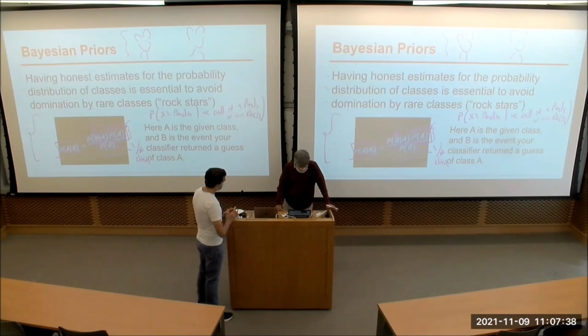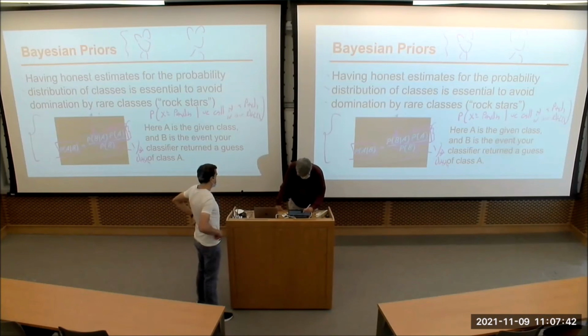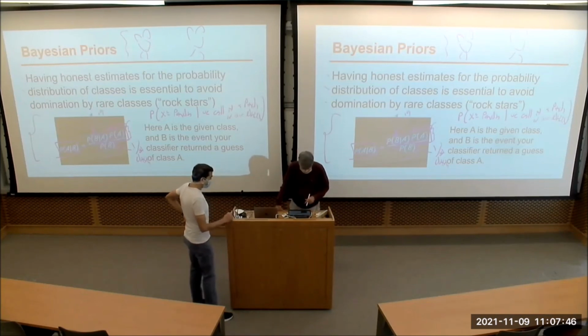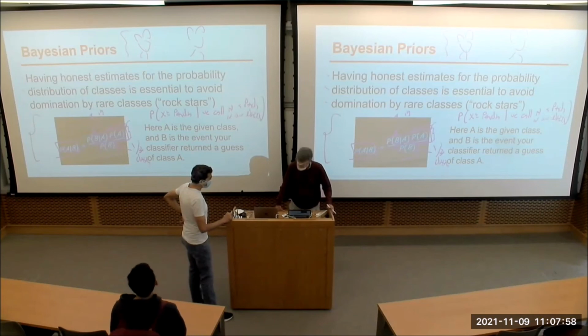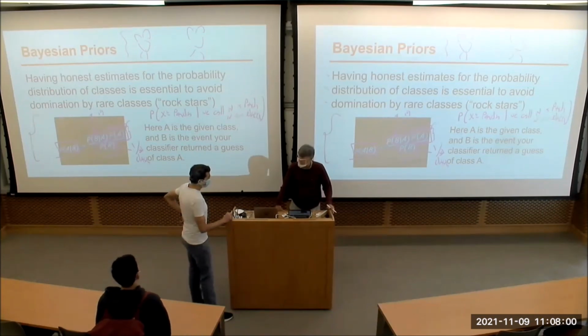I'm going to guess maybe 0.8 or 0.9. How good are we when we call it a panda, that it really is a panda? So this is how we would update it. We can certainly estimate a lot of these terms in sensible ways.